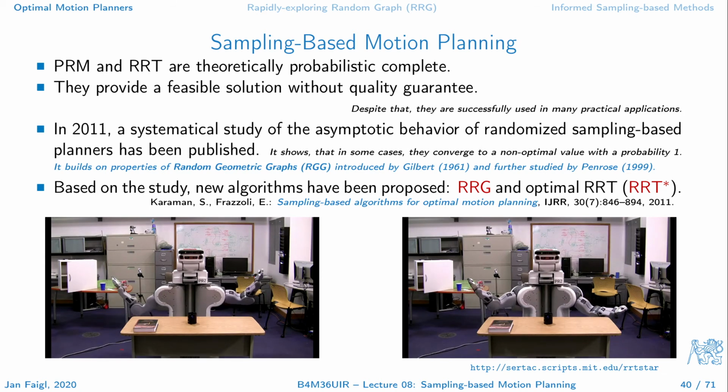This seems to be close to the optimal. Based on this study, Karaman and Frazzoli proposed new algorithms called RRG, rapidly exploring random graphs, and the optimal variant of the rapidly exploring random tree, RRT star.